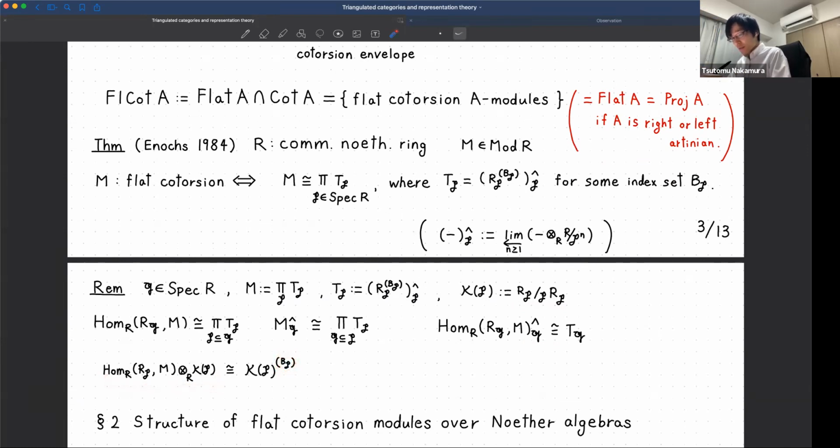As I explained before, the cardinality of B_P is recovered by this functor. The dimension of the kappa(P)-vector space is the cardinality of B_P. But of course, this index set could be infinite in general.